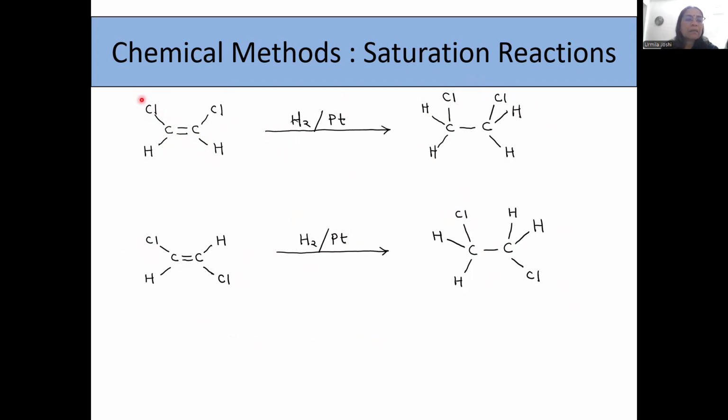But here, two huge groups are close by, and the distance between them is decreasing further because of the incoming hydrogen, or because of the conversion of this sp2 hybrid carbon to sp3 hybrid carbon. On the other hand, the two huge groups are away from each other, and therefore the saturation reaction is faster in this case. There is less steric hindrance.